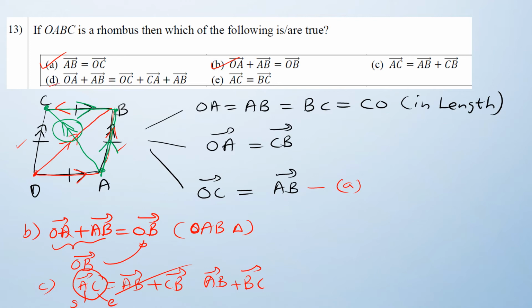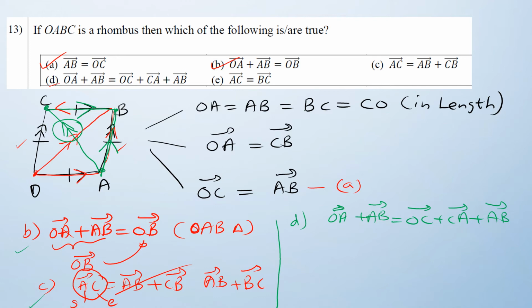D. When we consider D, what we have is OA vector plus AB vector equals OC vector plus CA vector plus AB. By considering the vector addition law I have discussed in B and C, we can apply the same addition rules for this equation.